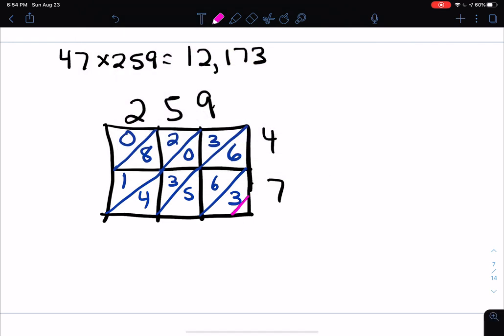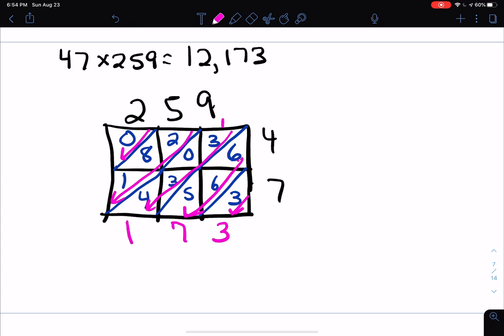Okay, so starting with this bottom right, we're going to start adding up the diagonals. First diagonal is not really anything to add, so you get a 3. Next diagonal has 6 plus 6 plus 5, which is 17. But just like in a normal addition or multiplication problem, we're going to write the 7 and carry the 1 over here. 1 plus 3 plus 0 plus 3 plus 4 is 11.